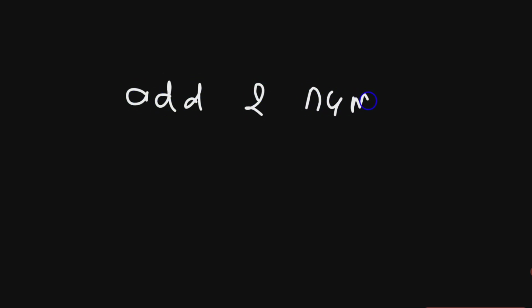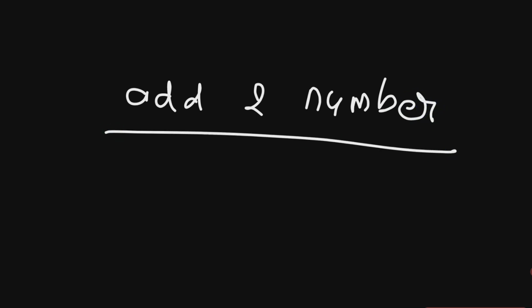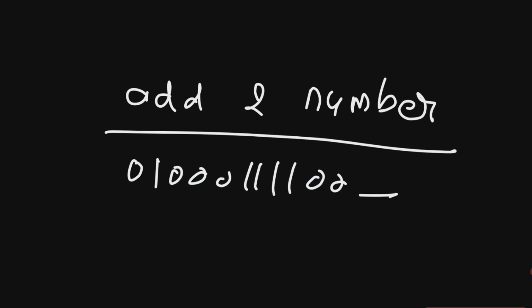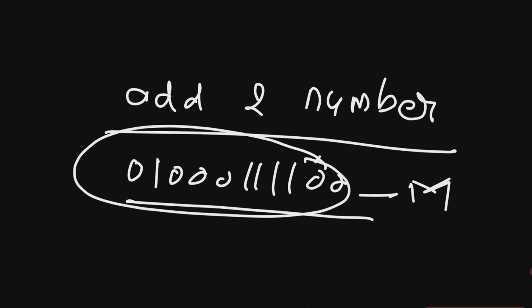I cannot give the instructions to a machine like this. I have to write this instruction in zeros and ones like this. Then only a machine can understand the instructions, isn't it? Because a machine can understand only zeros and ones.